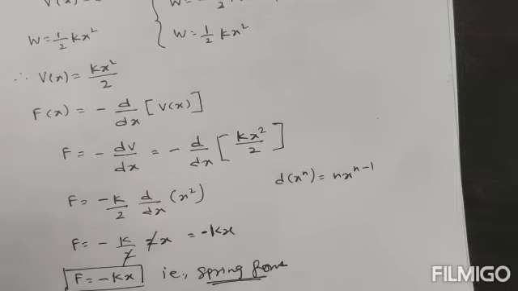When it has reached the middle position, the mean position or equilibrium position, what about the total energy? Again, when it has reached the compressed state, what about the total energy? Like that, one by one we are going to discuss, as well as draw the graph. Let's see now.